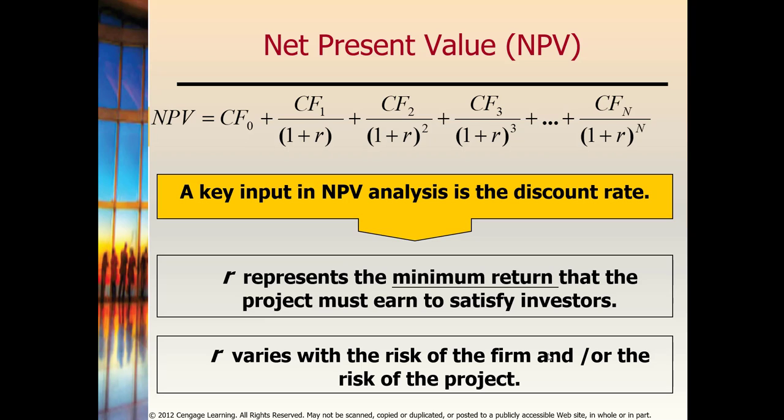One key component in the net present value analysis is this R, the discount rate. The discount rate represents the minimum return required for the project, and it also takes into consideration the risk for the company to invest in this project.